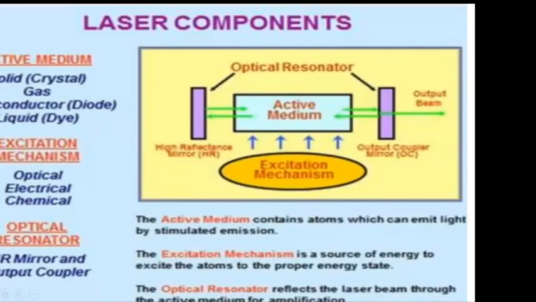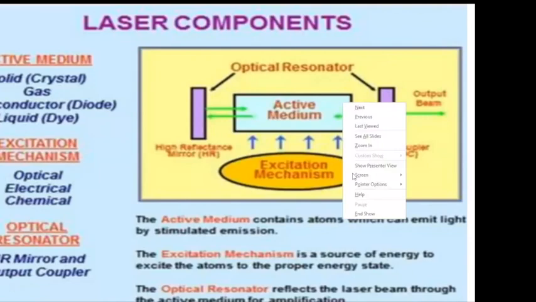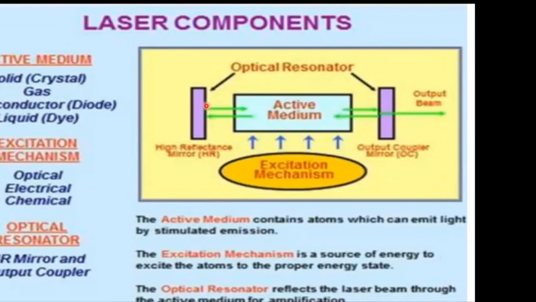And then we also have a source of energy, which could be different sources like electrical, chemical, or even another laser. And then mirrors, which are this side and this side. This one is fully reflective. This one is partially reflective, and then this is the energy source.